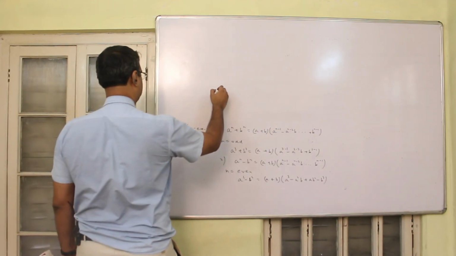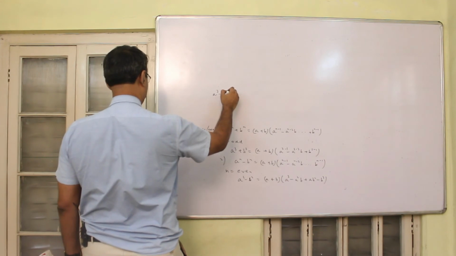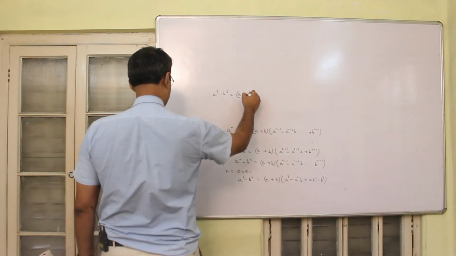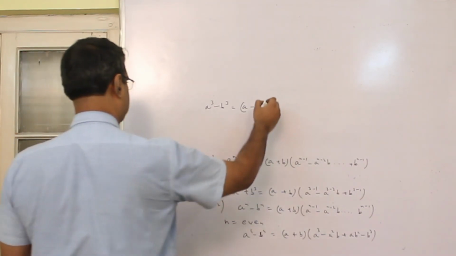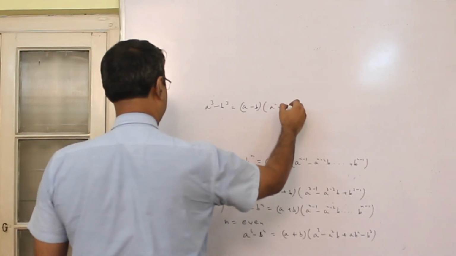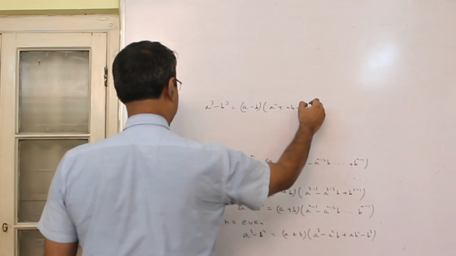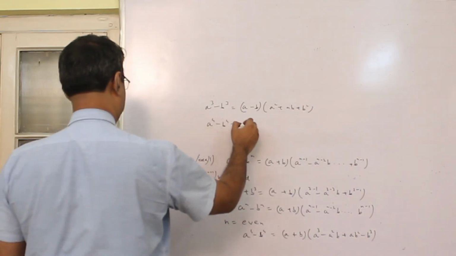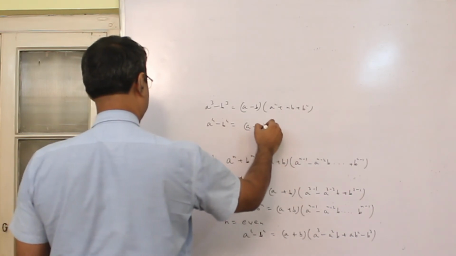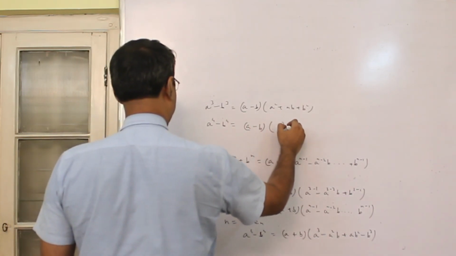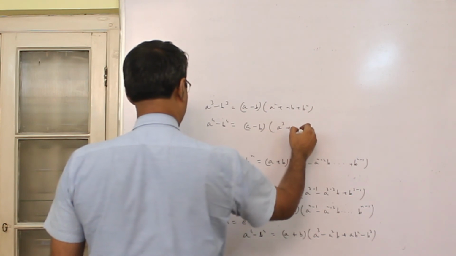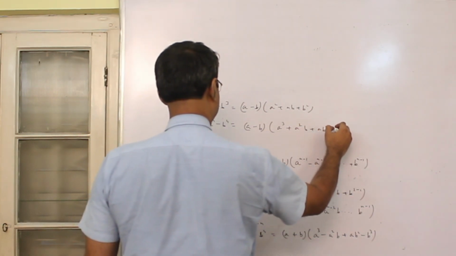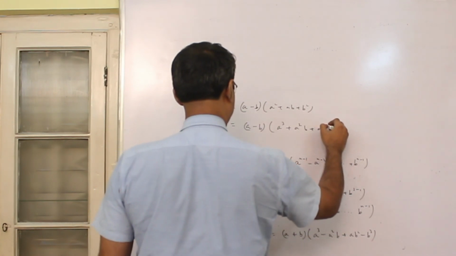First of all, if you have a cube minus b cube, then it is (a minus b) into (a square plus ab plus b square). And if you have a to the power 4 minus b to the power 4, then you have (a minus b) into (a cube plus a square b plus ab square plus b cube).